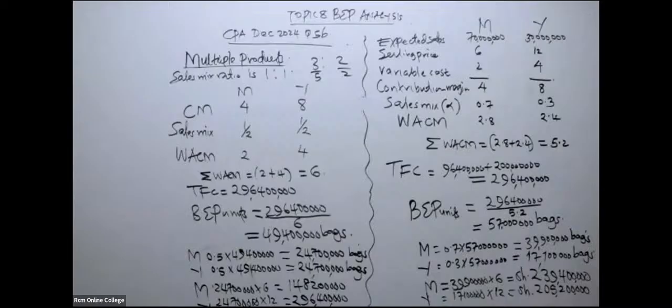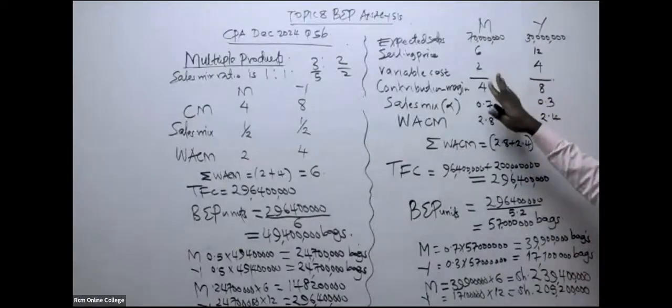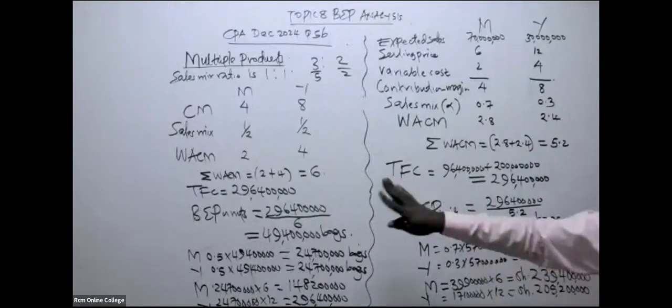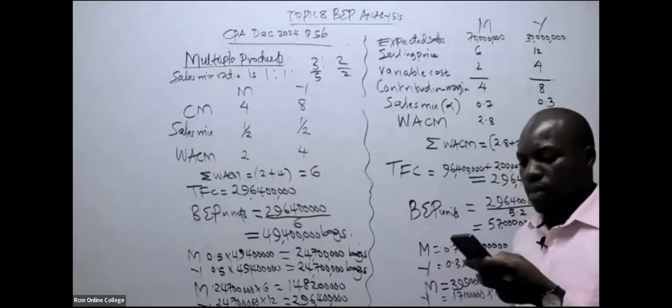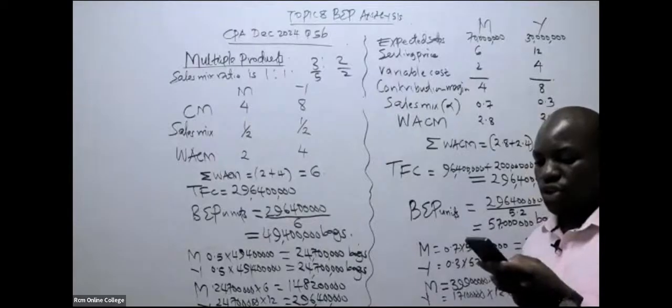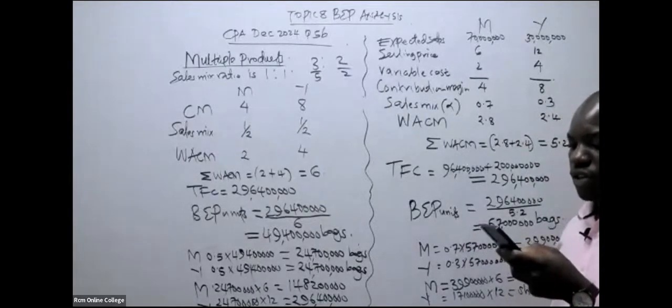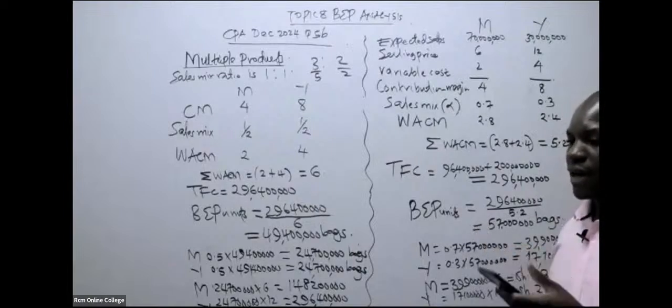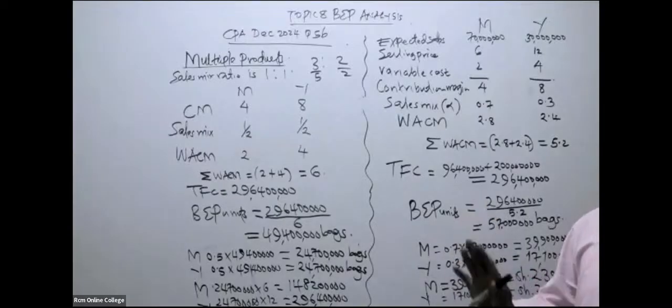Then Roman 3, current margin of safety. Of course, we got our margin of safety by use of these original figures, right? Then sales units required to earn a profit of 299 million at current sales mix ratio.